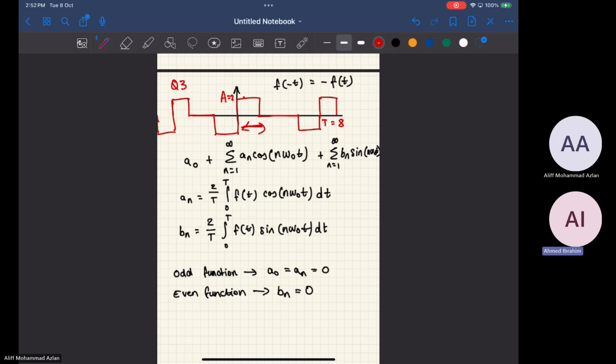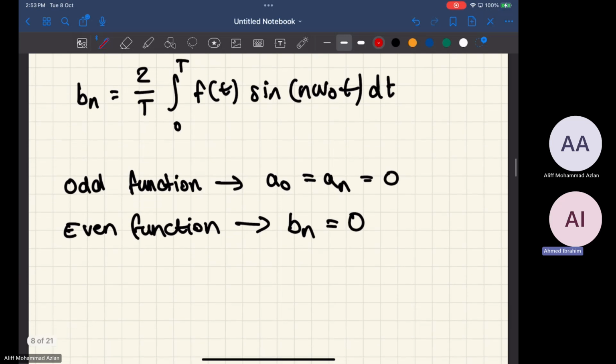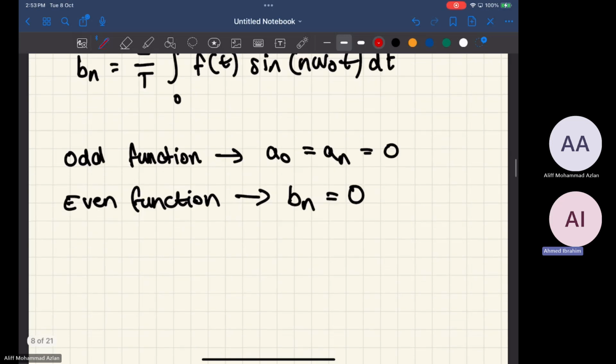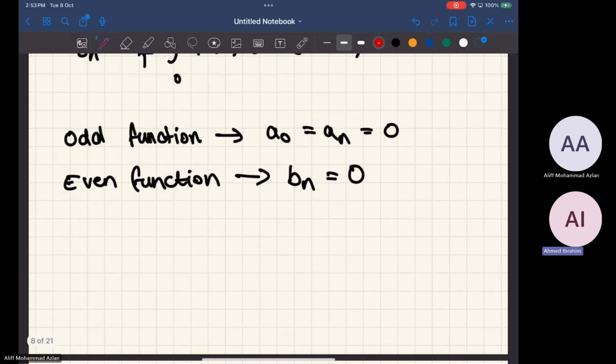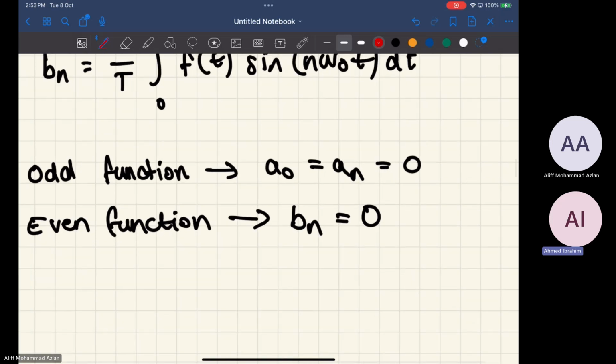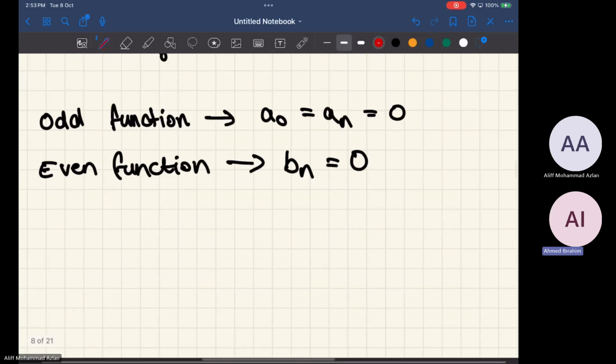In the odd case it's 0, but for the even case the coefficient is 4 over T. But for the DC value, the average, is that 2 over T?